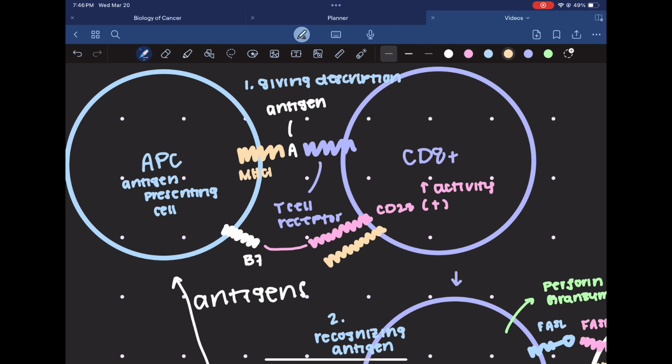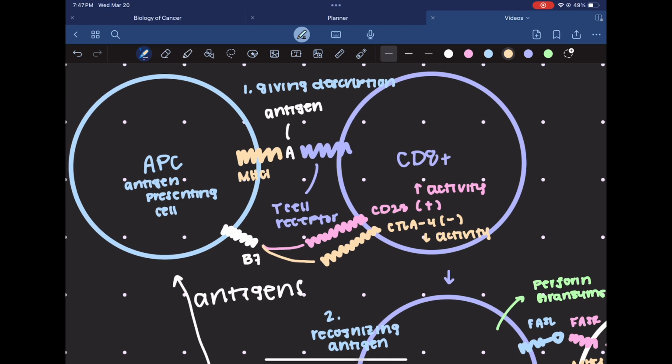However, our CD8 plus cell also has a molecule called CTLA4. And when CTLA4 interacts with B7, this leads to decreased activity. This is an inhibitory interaction for the CD8 plus cell.